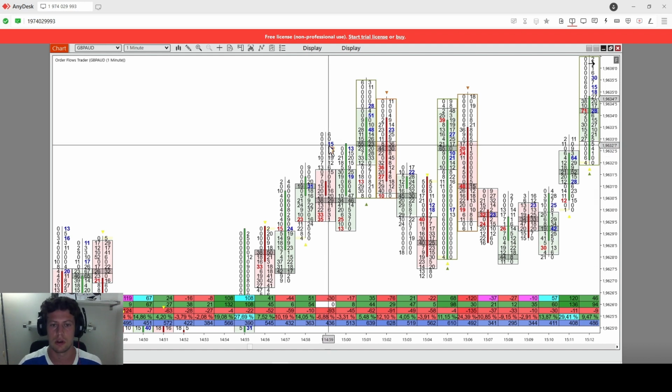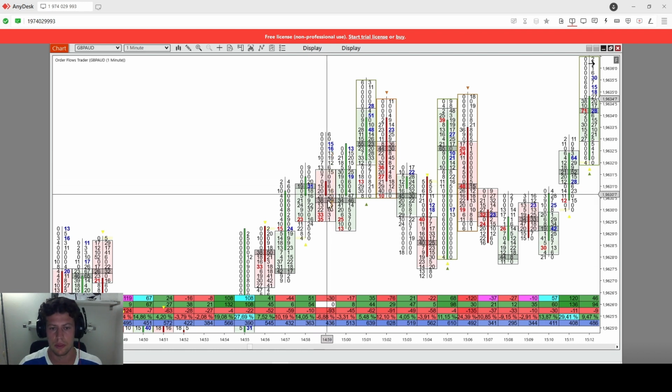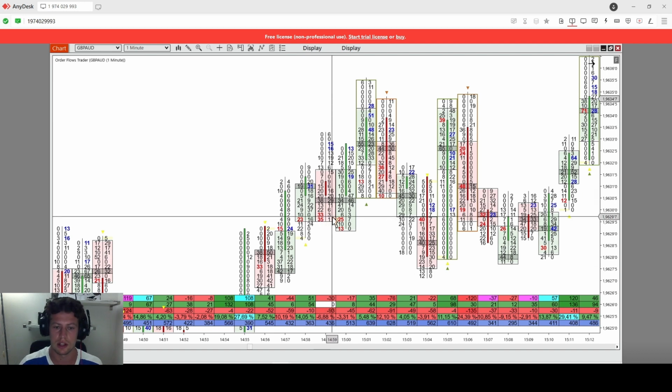Yes, it is. Is 16 4 times or more bigger than 0? Yes, it is. You have 33 against 6. Is 33 at least 4 times bigger than 6? Yes, it is. 35, is it at least 4 times bigger than 3? Yes, it is. So it's printed like this.